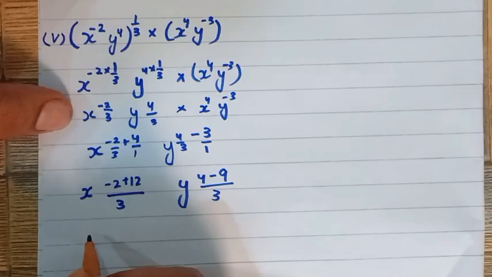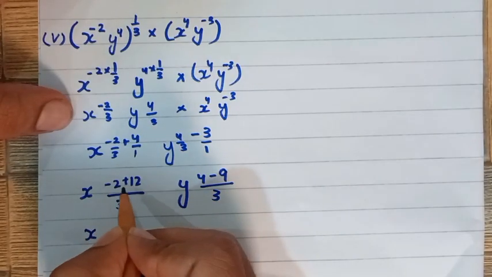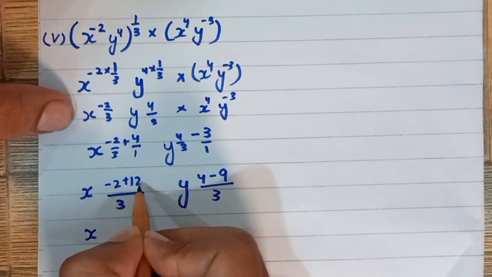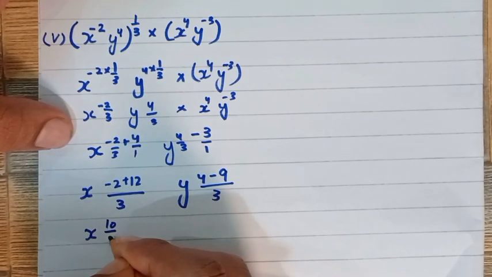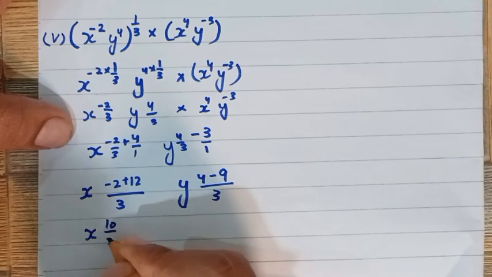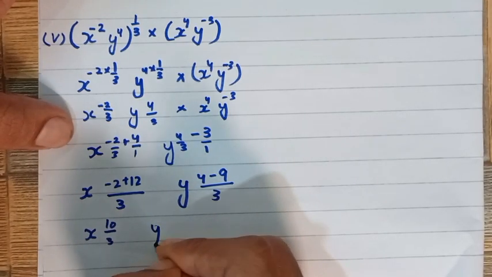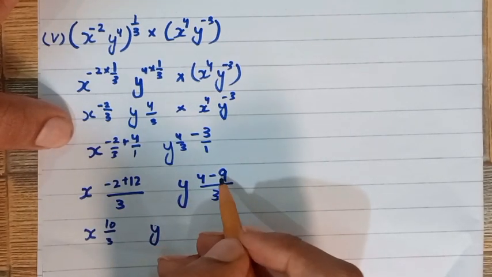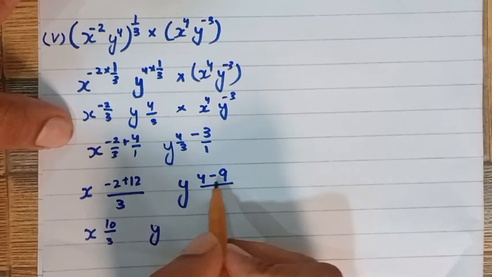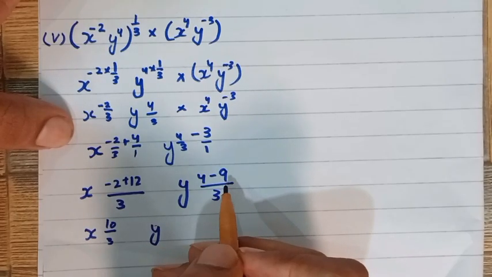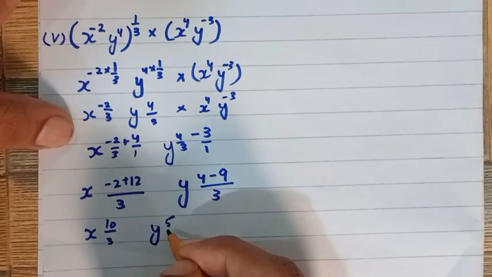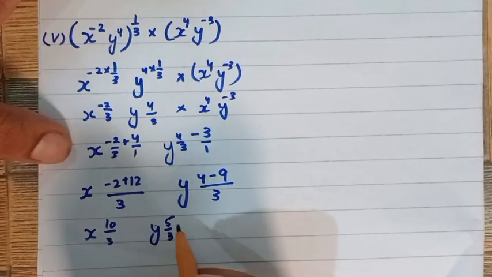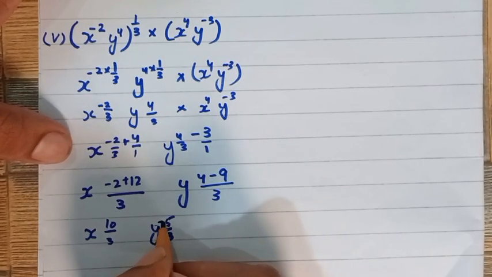Further we will simplify it. For x, 12 minus 2, 10 will remain, so x^(10/3). For y, 9 minus 4, what will remain? 5, so 5 over 3, so minus 5 over 3.